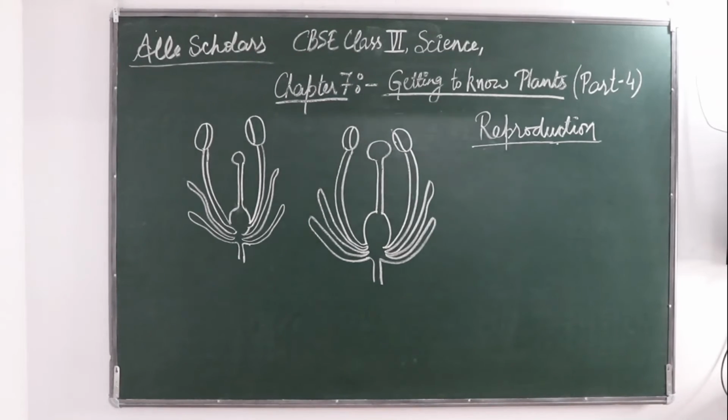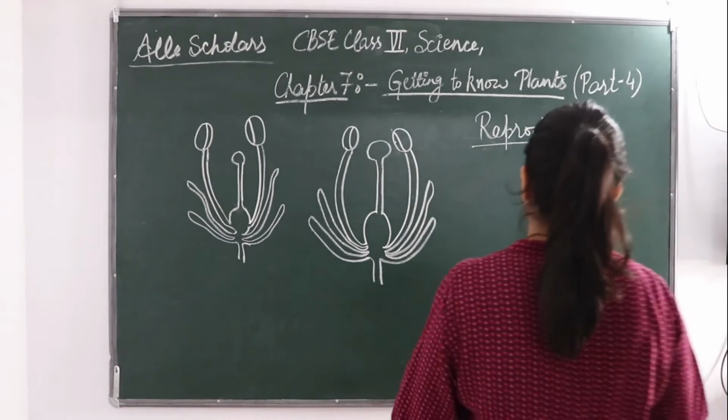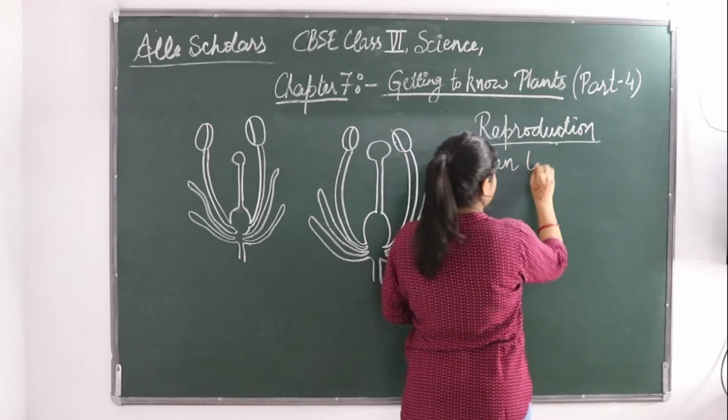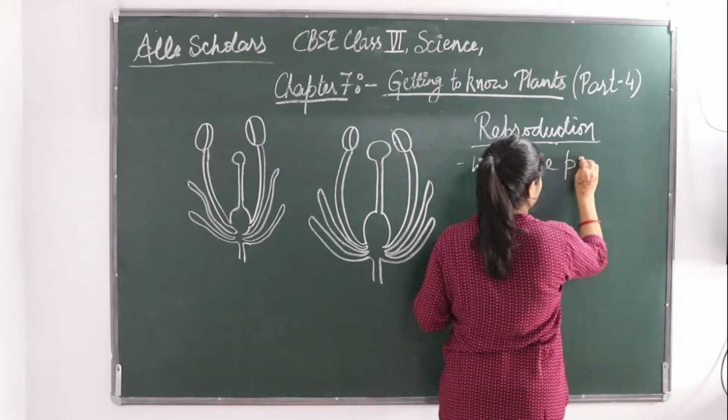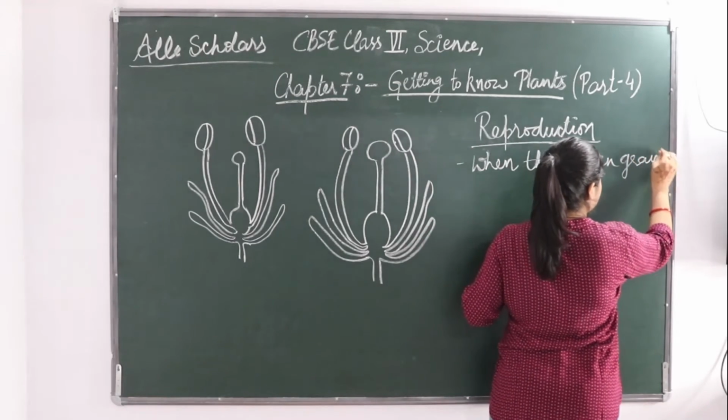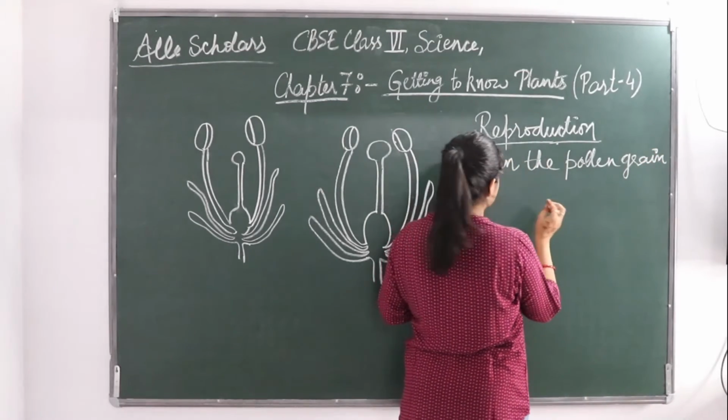So reproduction, we know that it happens when the pollen grains, as I have already taught you, are there in an anther of a male stamen.